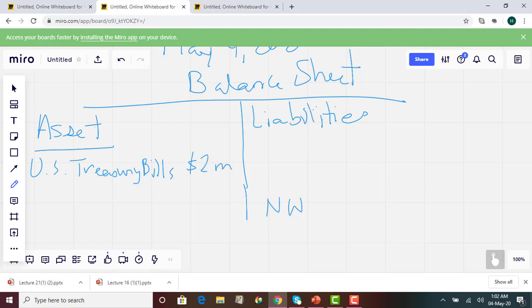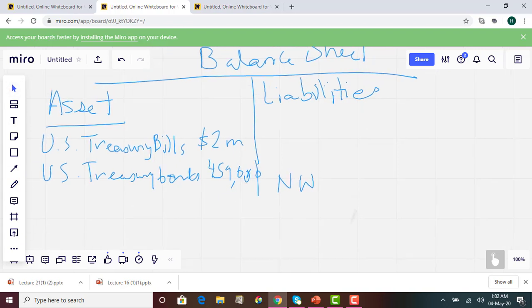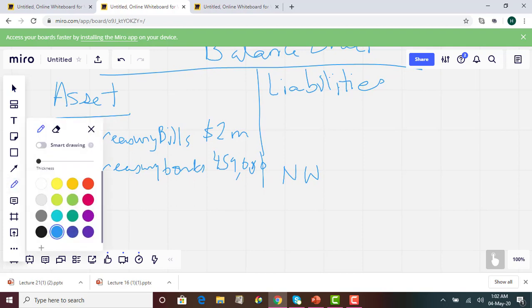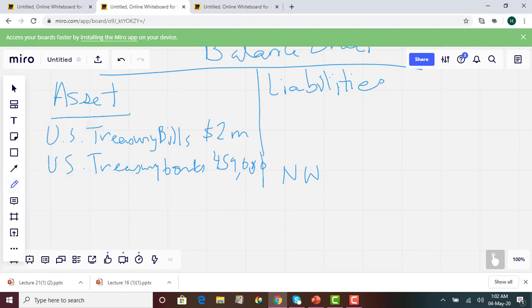Then US Treasury bonds, let's say it's 459,000. Okay, then loans to banks. Let's say the Fed gave loans to banks, that's an asset to the Fed, and let's say they gave 802,000.